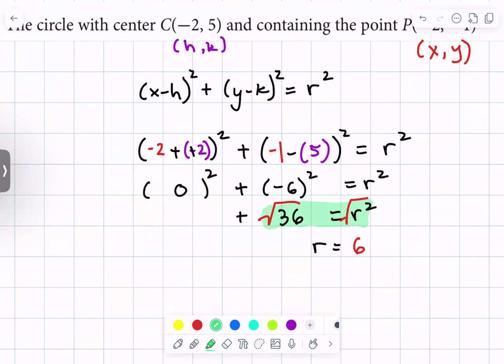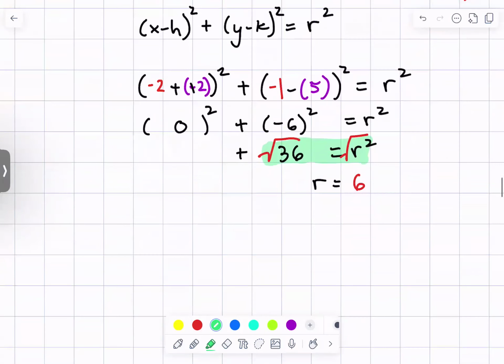Because you can't have a negative radius. Remember, the radius is the length from the center to the circle. It's an actual length, an actual distance. So if we're talking about actual distance, we have to take the positive because there's no negative distance. So here my radius is 6.